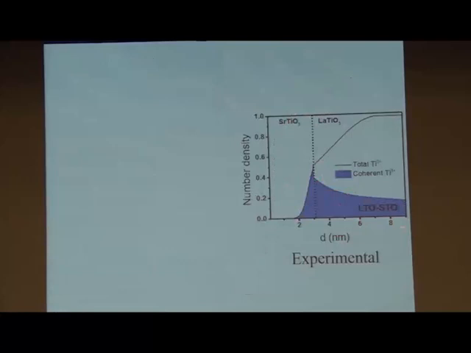Also, this variation of how the titanium doping takes place, that is plotted here. It is the total titanium D count, and also this line shows what is the coherent feature, or the part that makes it metallic, how it varies. In the strontium titanate end, there is no correlation effect, and so the entire weight is here.